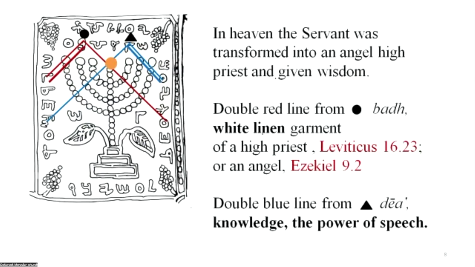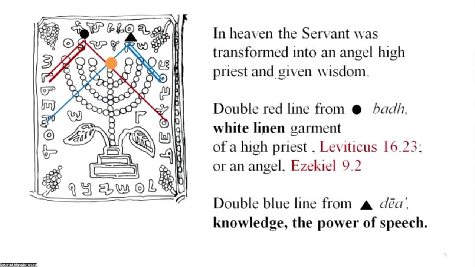Now, if we look, this is the same pattern as the last one, but I have added double lines because these show what happens when the servant gets up into heaven. So the red line, you have the servant, and then when he gets up into heaven and he comes back down again, you have the word for the white linen garment.